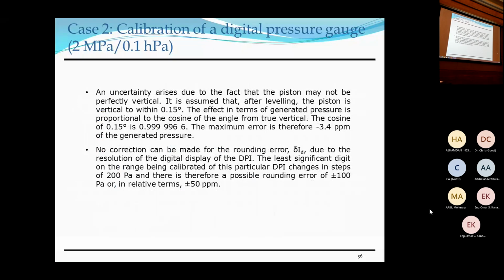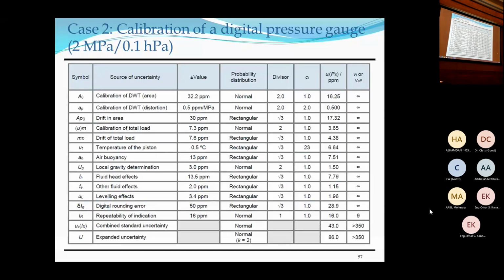Rounding error due to the resolution of the digital display, DPI. And then this would be the uncertainty budget for this case. So again, Excel has been just great.